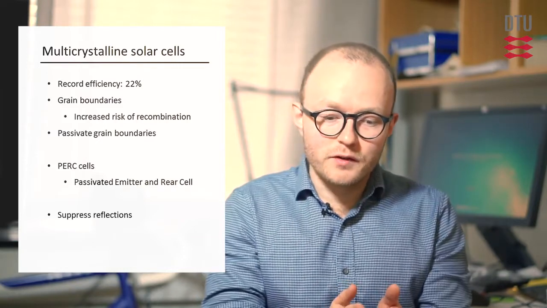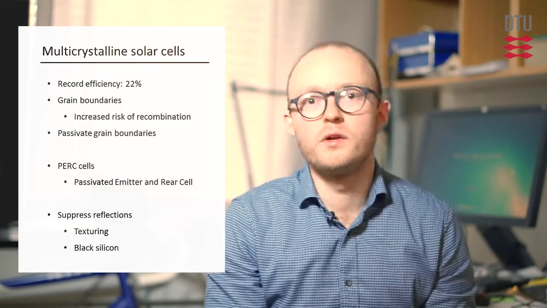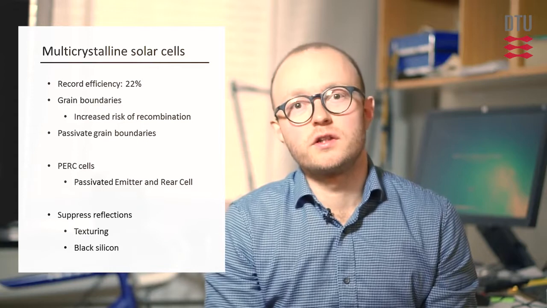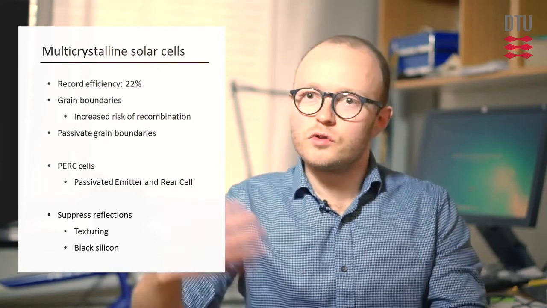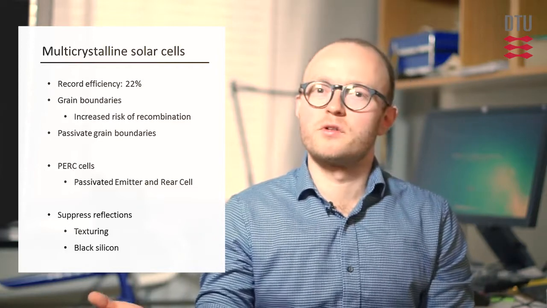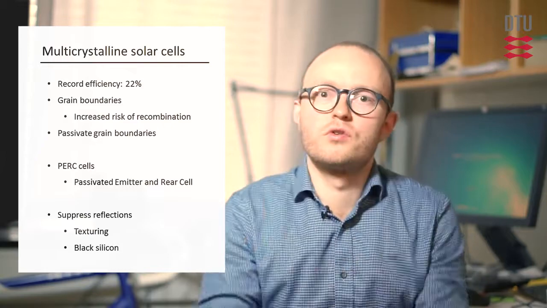So there are novel texturing techniques like black silicon, that I'm working with, that could be relevant for multicrystalline cells at an industrial scale. Again, you have to optimize the electrical properties with one hand and the optical properties with the other hand in order to really push the efficiency.